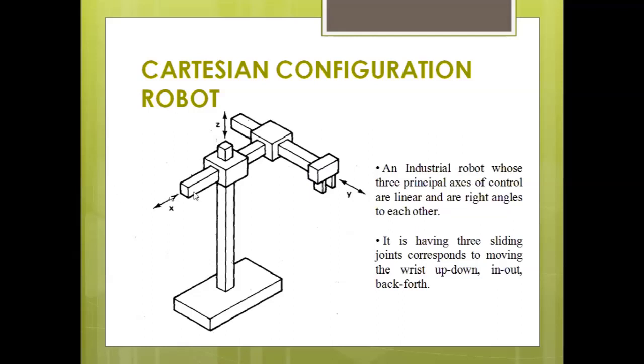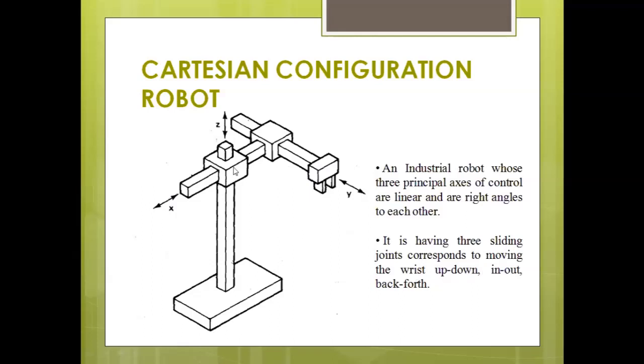An industrial Cartesian configuration robot is an industrial robot whose three principal axes of control are linear and at right angles to each other, perpendicular to each other. It has three sliding joints, linear joints, corresponding to moving the wrist.